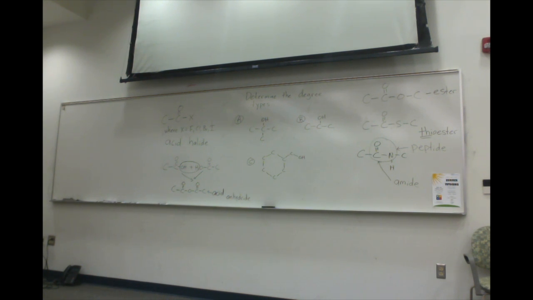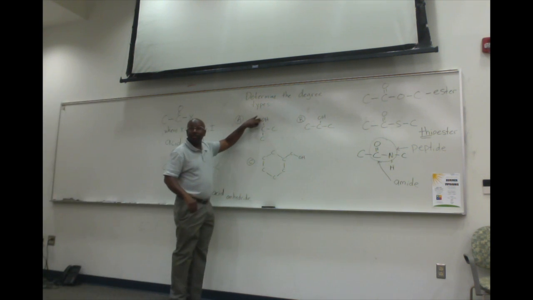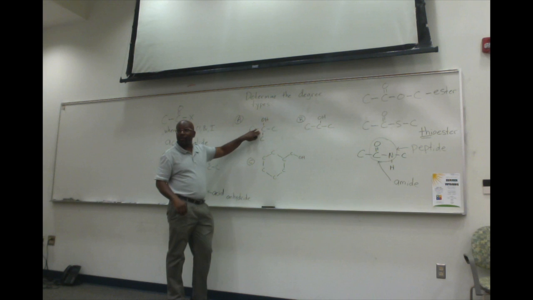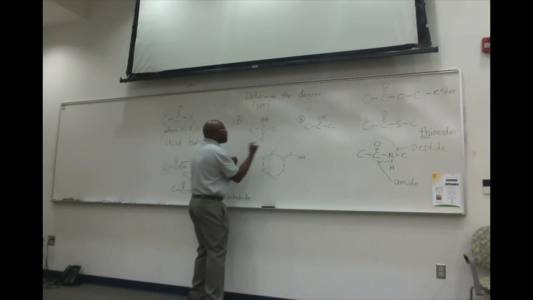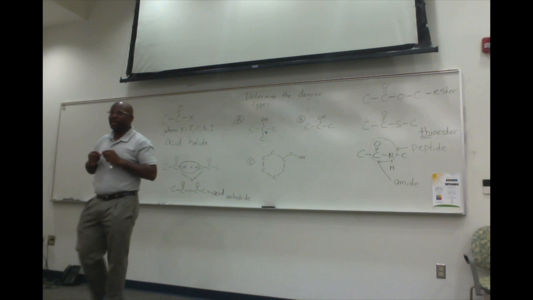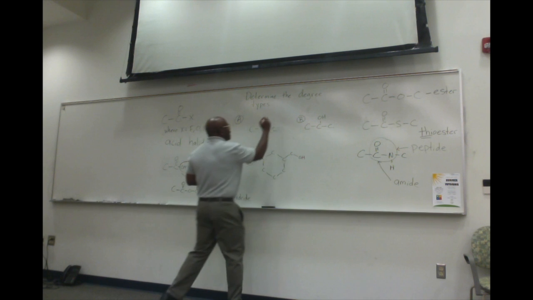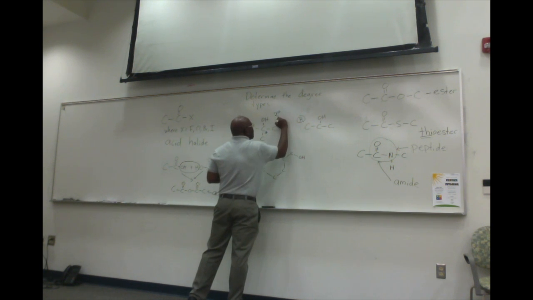I'm finding my OH group, and finding the carbon the OH group is attached to, which is this carbon atom right here. How many carbons are directly attached to that carbon atom? 3. Everybody see a 3? This here will be a 3-degree alcohol.